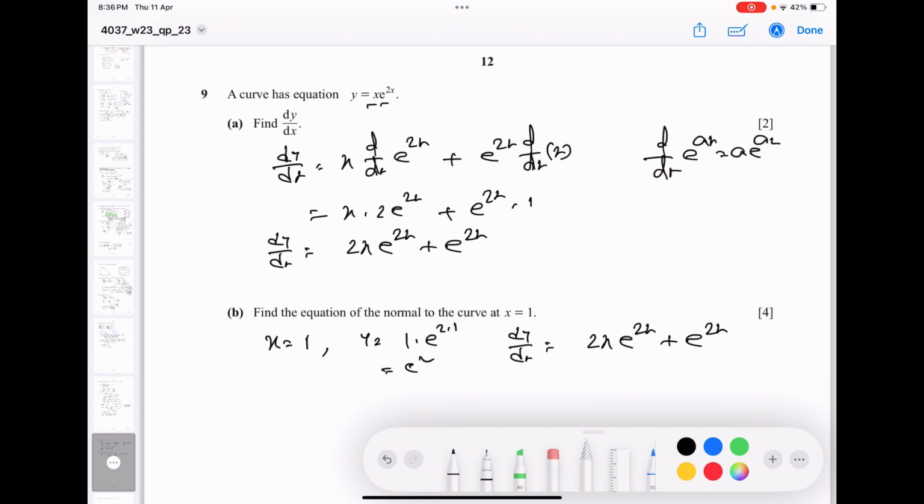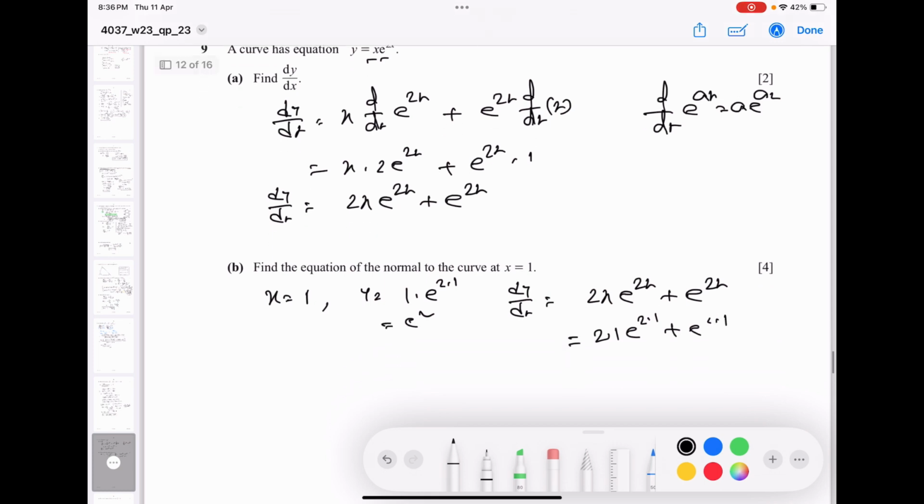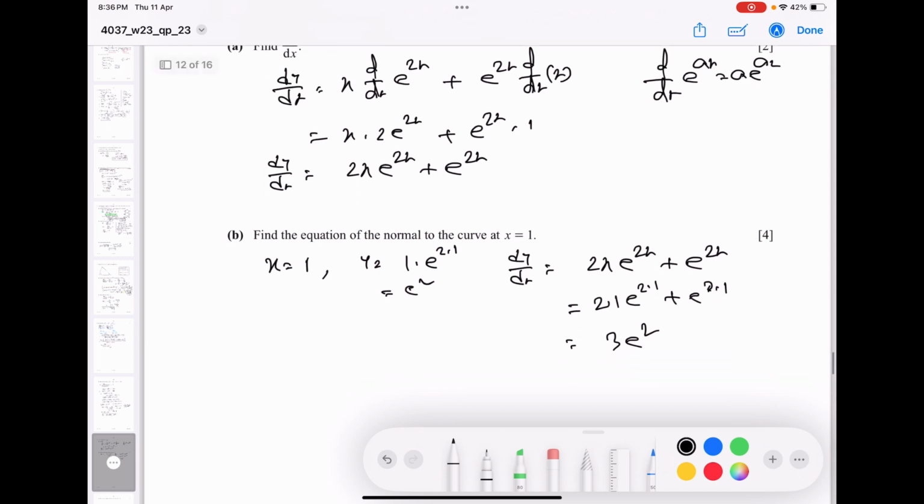Let me put the x value here to find the gradient. 2 times 1 e to the power 2 times 1, plus e to the power 2 times 1. So 3 e to the power 2. Fine, this is the gradient.